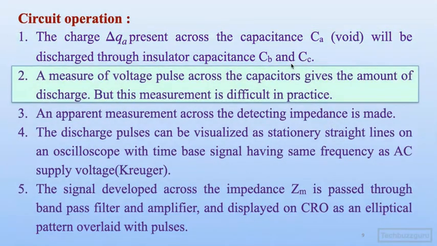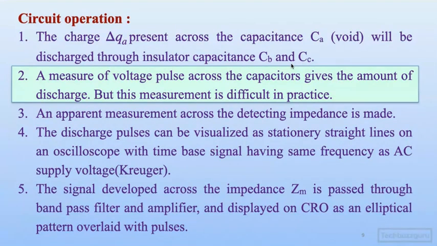A measure of voltage pulse across the capacitors provides the amount of discharge. So when it discharges, it induces voltage across capacitors CB and CC within the sample, and we can measure the voltage.